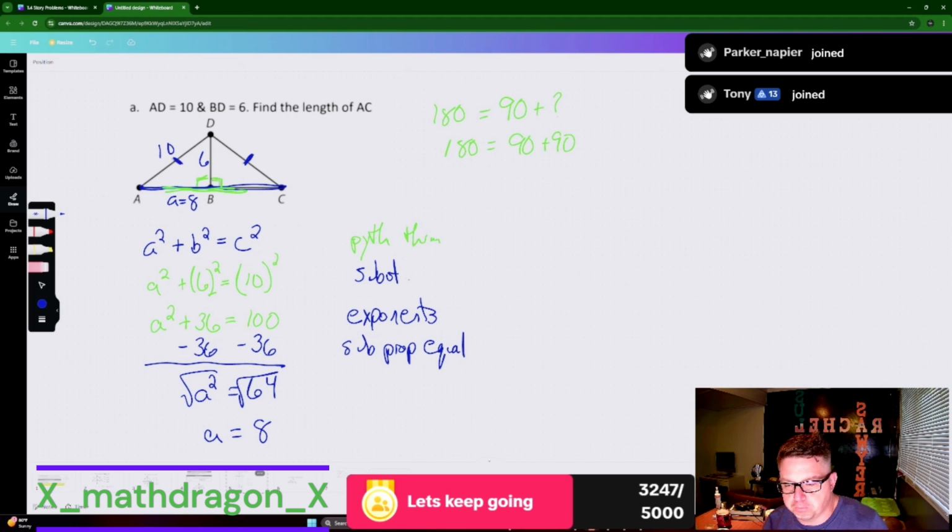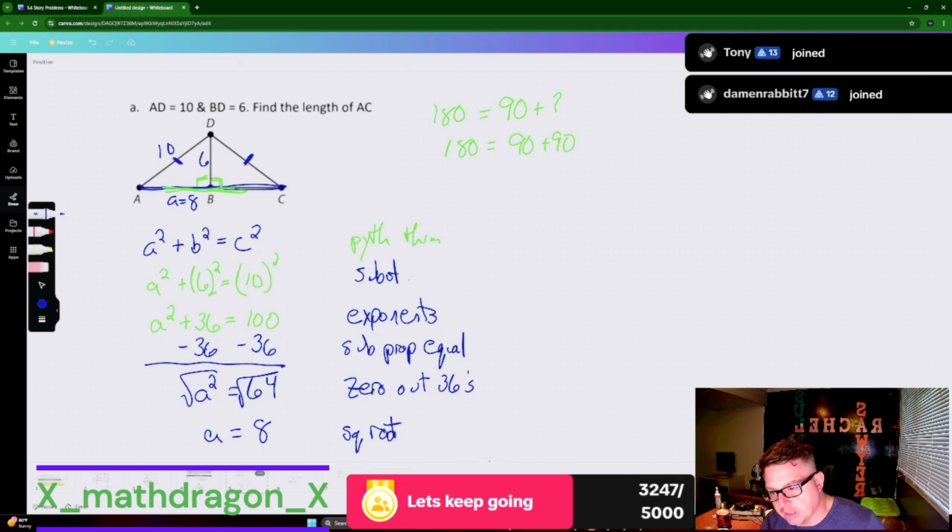We did this to zero out the 36s. And I don't want to say square root yet because this is actually the resultant of doing the square root. So that's how we got here, is because we did the square root of both sides.